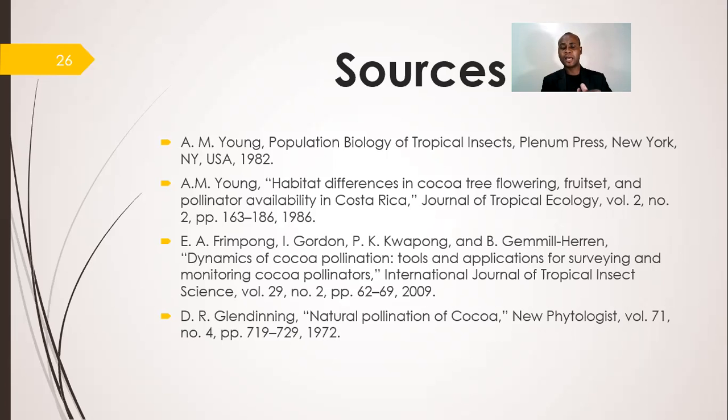However, if it's not because of variety, then nutrition should be able to solve the problem. If the cacao farm is fertilized and there is enough rainfall, they will begin to produce flowers immediately.